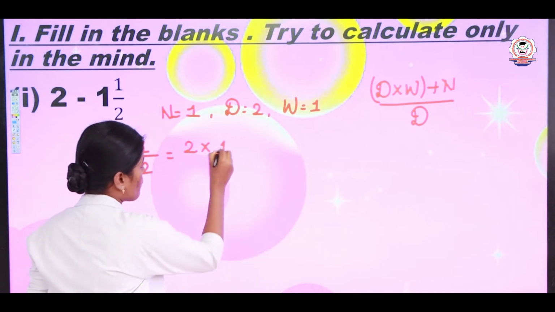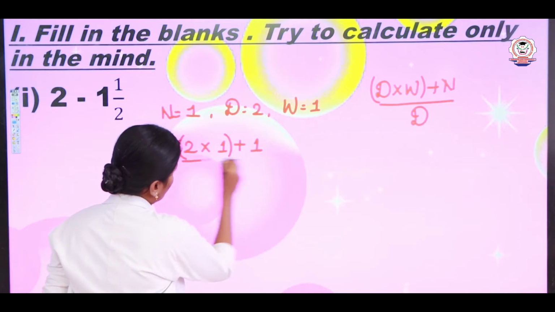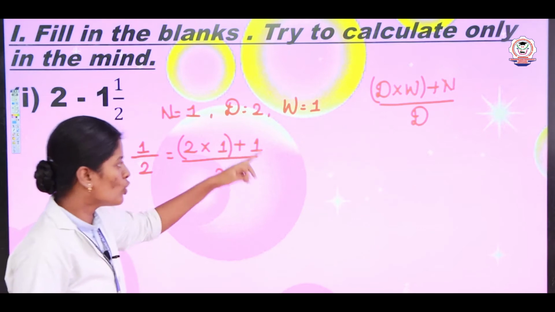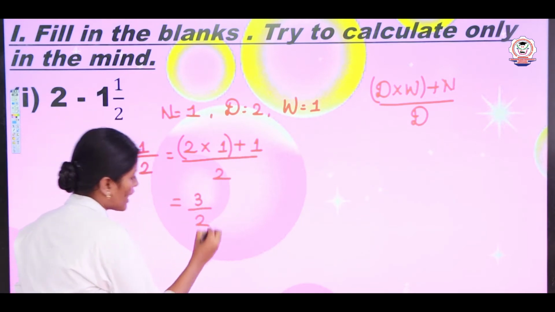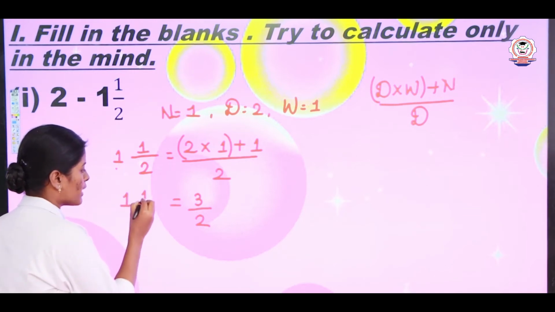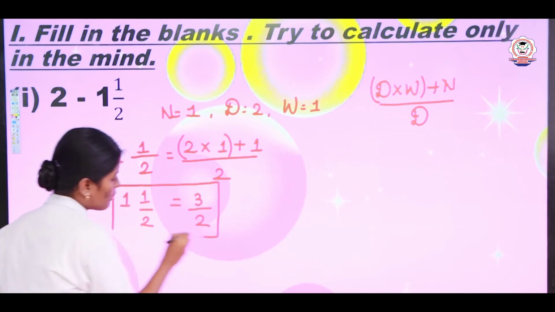Write here 1 plus 1 divided by 2. So we got 2 ones are 2, 2 plus 1, the answer is 3 by 2. So 1 1 by 2 equal to 3 by 2.